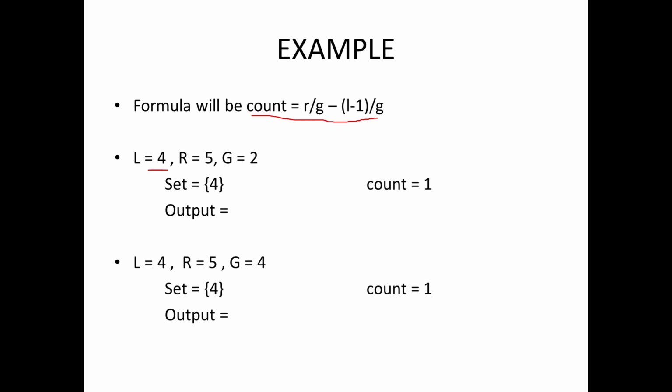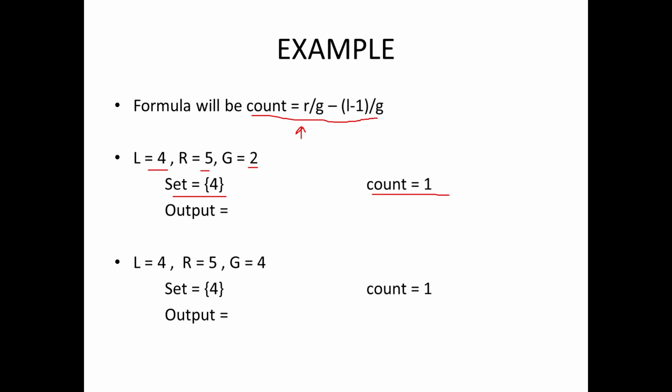The value of L is 4, the value of R is 5, and the value of G is 2. If we apply the formula here, we will get the value of count as 1, and in the set there will be only one number between 4 and 5 which is divisible by 2, that is 4 only.